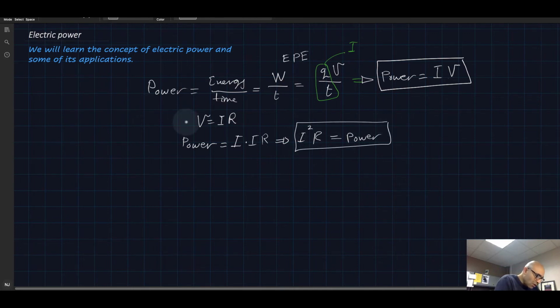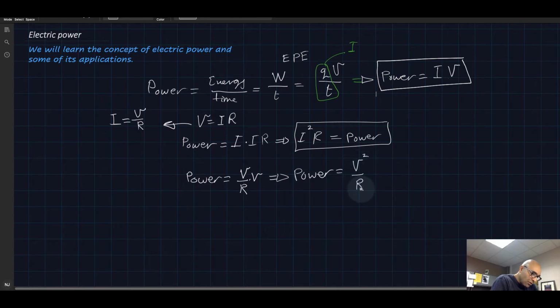You bet. We can write I equal to V over R and plug I here, so power is equal to I times V, but I is equal to V over R, times V. So if you do that, then you get power is equal to V squared over R.